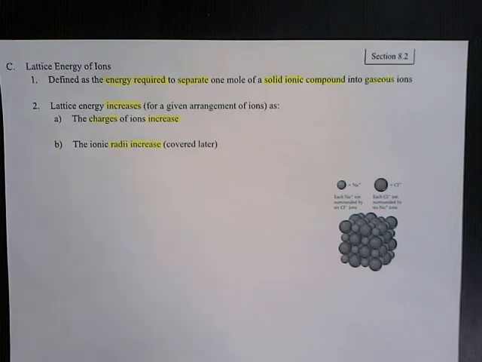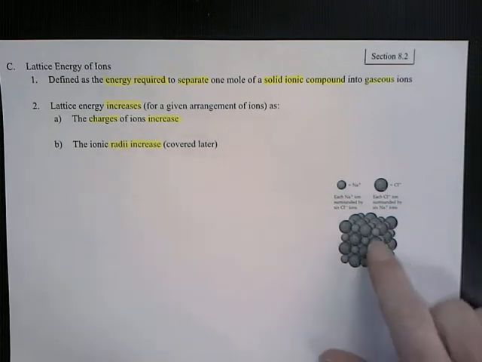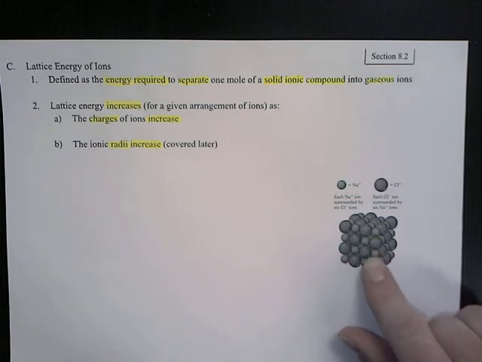Ionic compounds form because one atom either gains or loses electrons, and it forms this electrostatic interaction among other ions. Now, this electrostatic interaction is done through multiple ions.